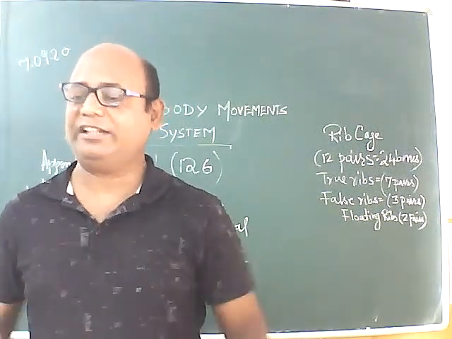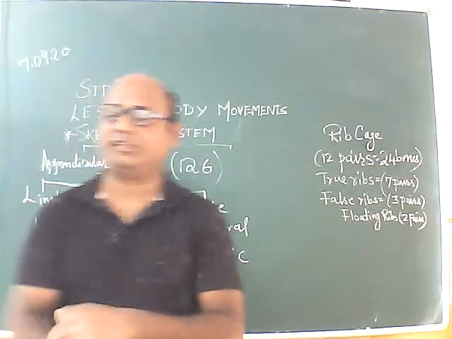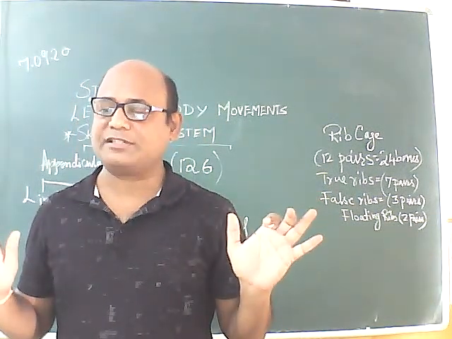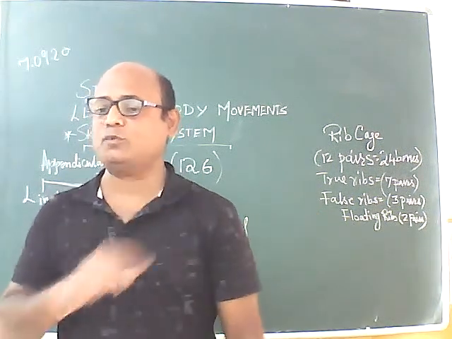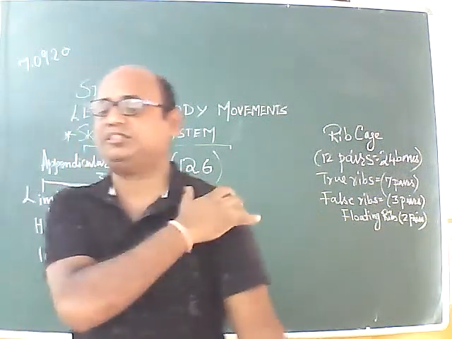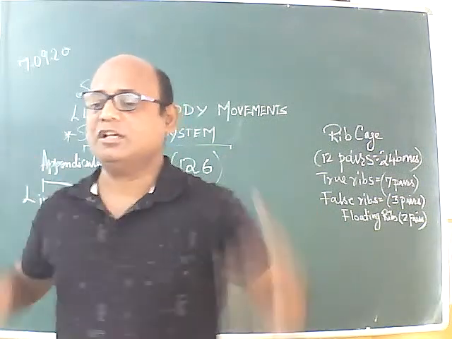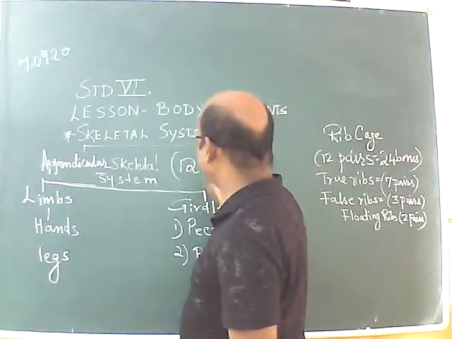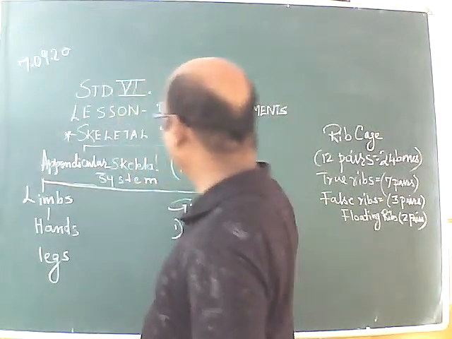In hands and legs, 30 here, 30 here, 30 here, 30 here, so total 120 bones, and 6 bones in the girdle. This is the pectoral girdle, 4 bones, and the pelvic girdle, 2 bones. So we will find a total of 126 bones. This we will study tomorrow.